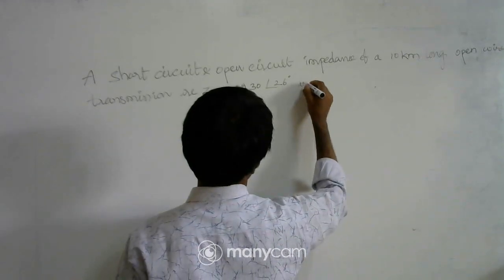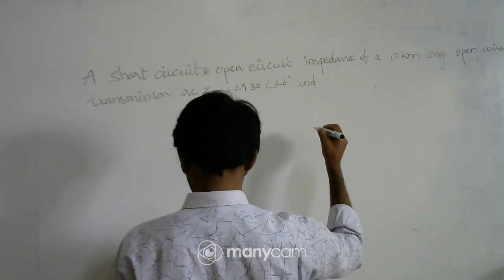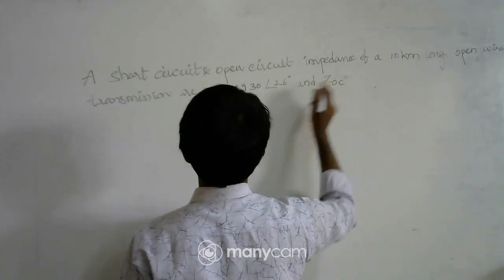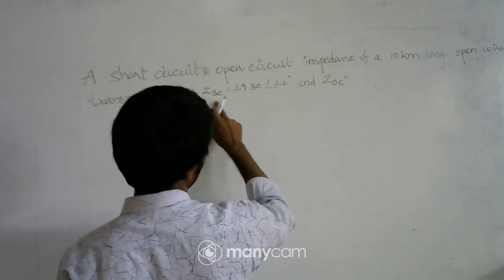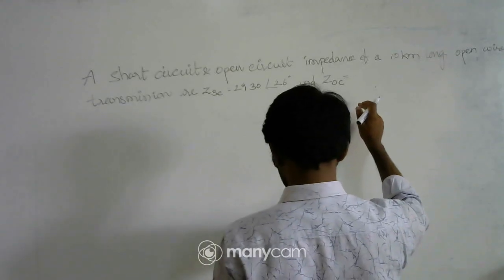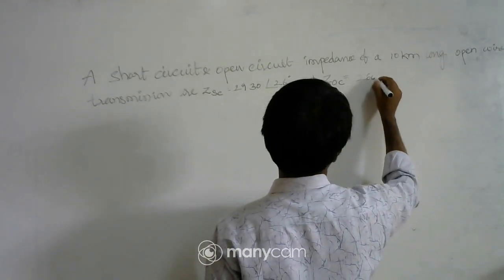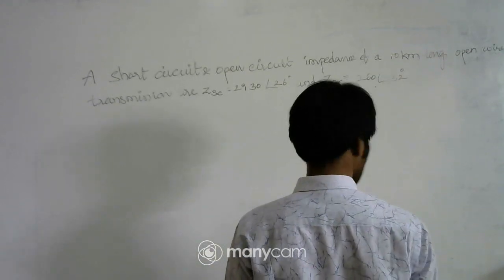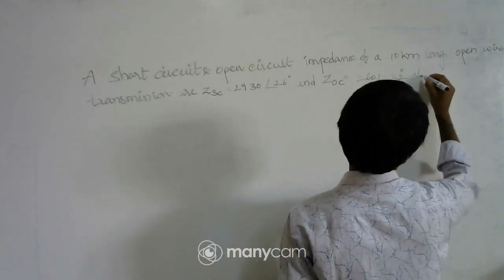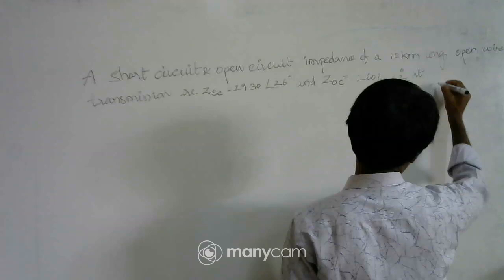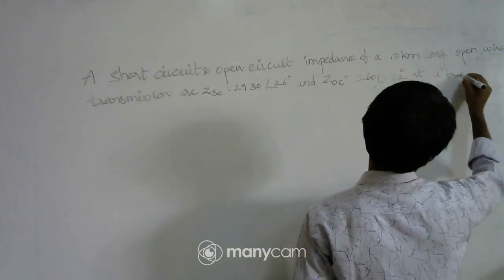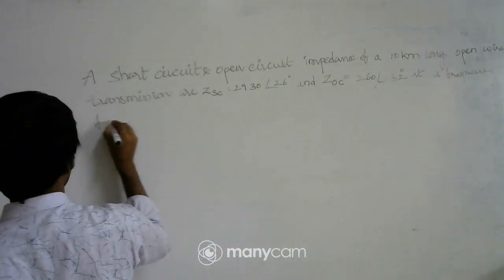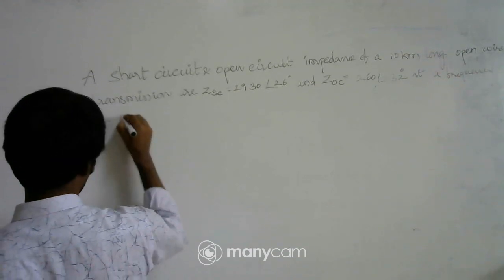And Z suffix OC, impedance at open circuit, is equal to 260 angle minus 32 degrees, at a frequency of 1 kilohertz.